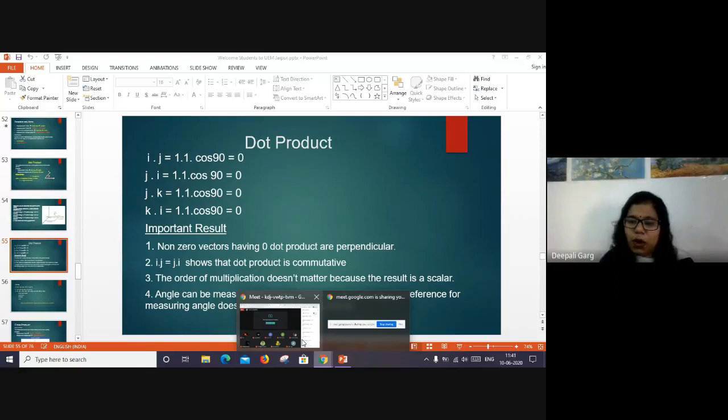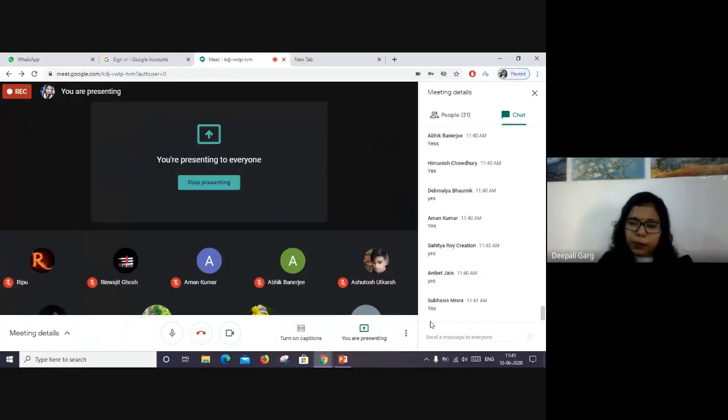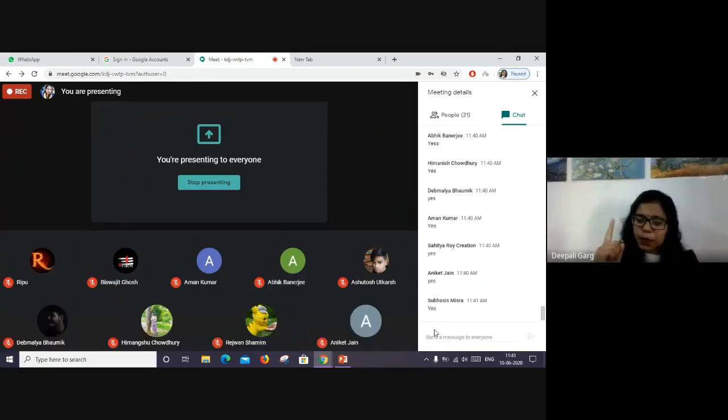So I think the important results from dot product we have absorbed. What we have absorbed is that non-zero vectors giving zero dot product are perpendicular to each other. First point. Second, dot product is a commutative operation. The order of multiplication, A into B and B into A, will always give the same answer because the answer is a scalar quantity.